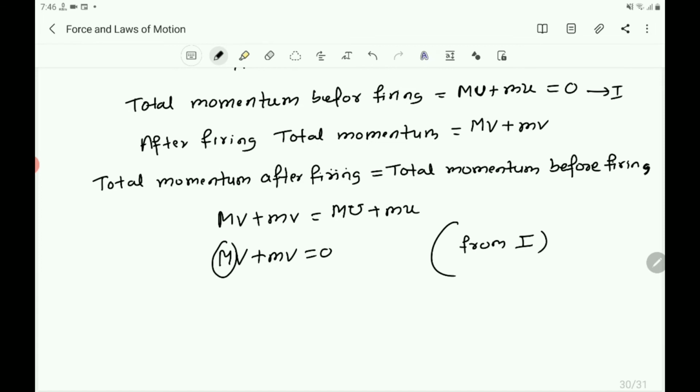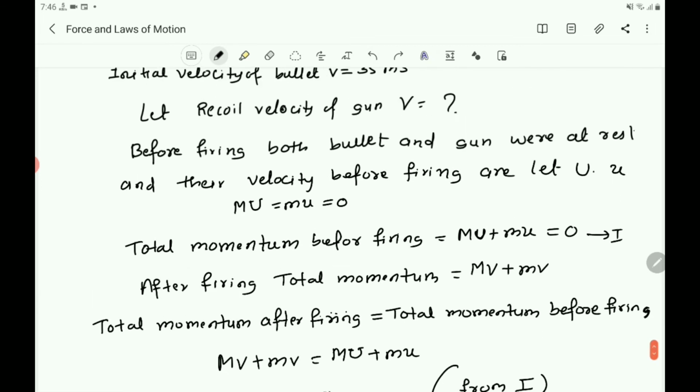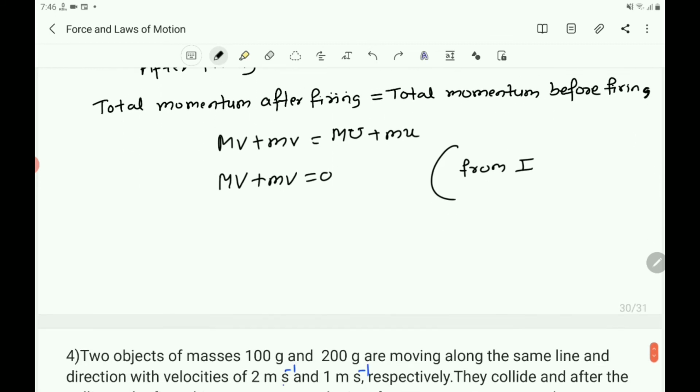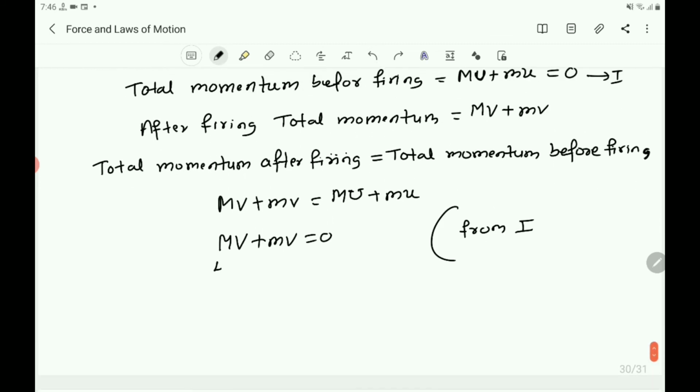Capital M is given, that is 4 kg. You write 4, and V we have to find out.